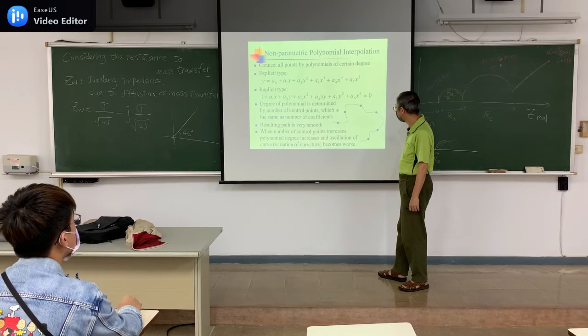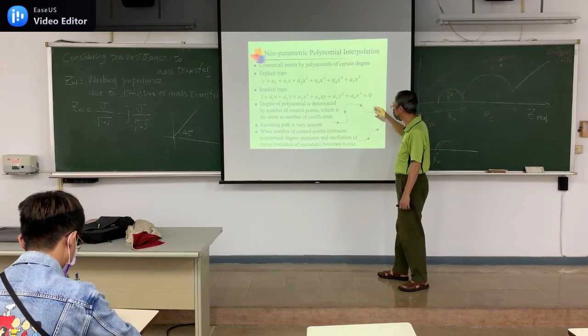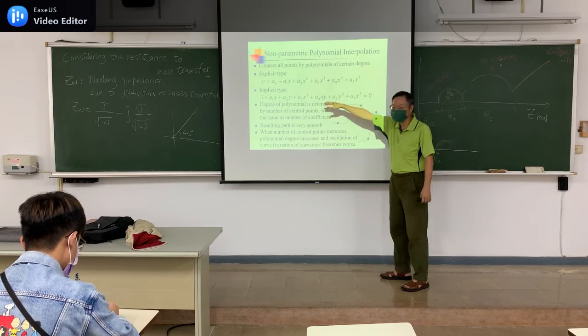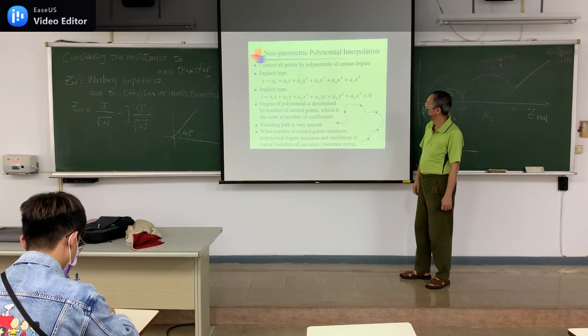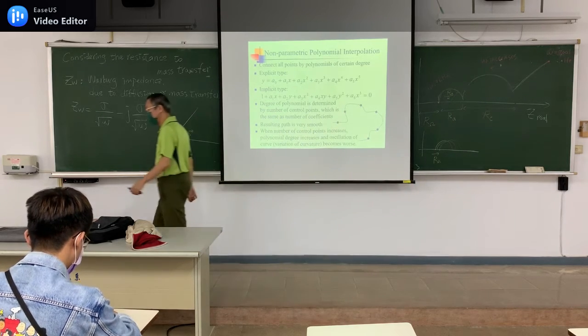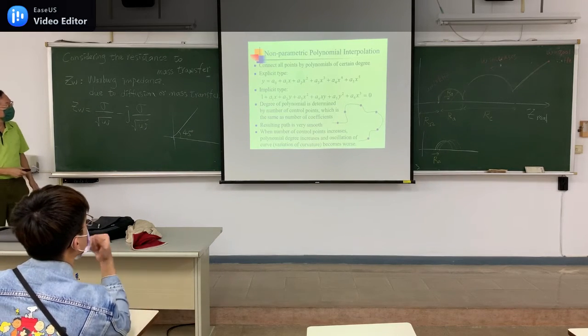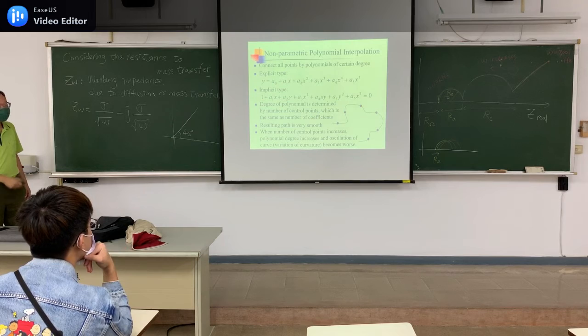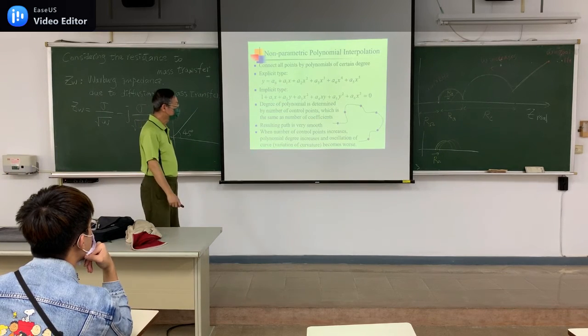And in this one, you write the s and y relationship as a polynomial. This is the so-called polynomial interpolation. How do we do this? You can do this by linear algebra.